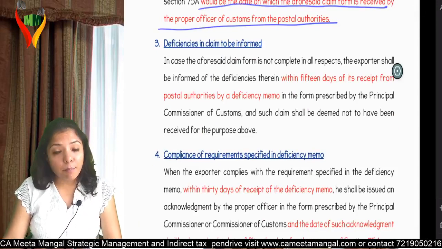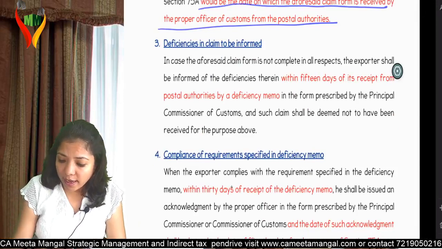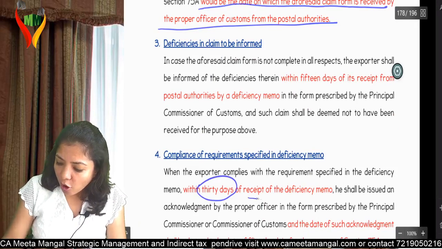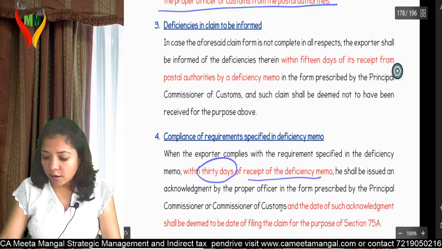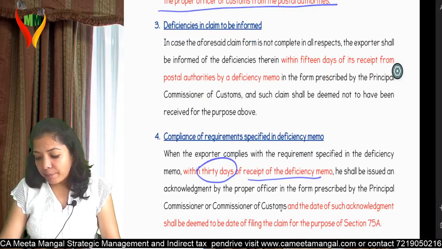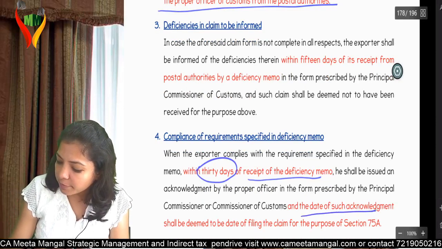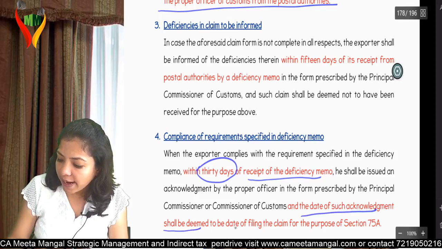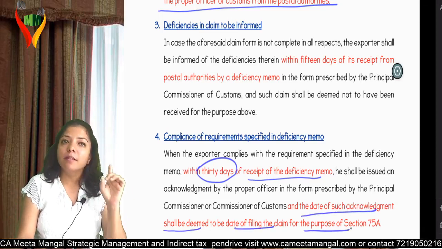When the exporter complies with the requirements specified in the deficiency memo within 30 days of the deficiency memo, he shall be issued an acknowledgement by the proper officer in the form prescribed by the Principal Commissioner of Customs, and the date of such acknowledgement shall be deemed to be the date of filing the claim for the purpose of section 75A. Simple.